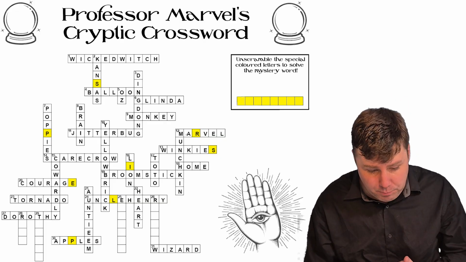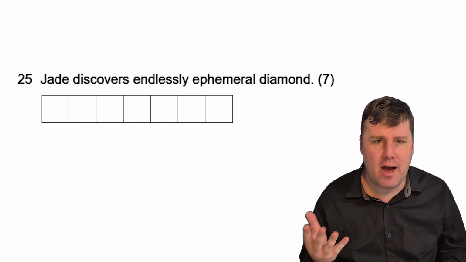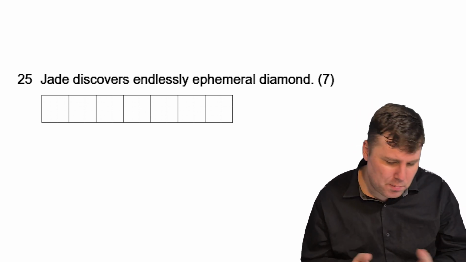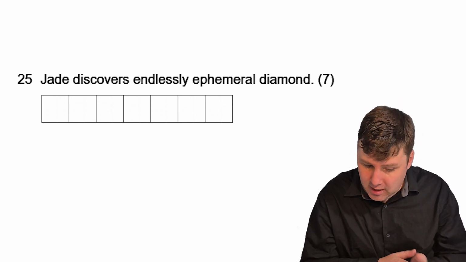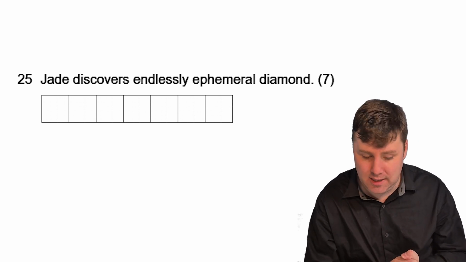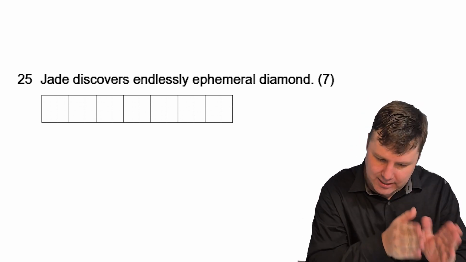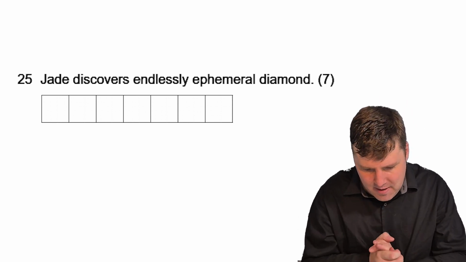25 down now. Jade discovers endlessly ephemeral diamond. 7 letters. Jade looks like a woman's name there. I was thinking of putting Beryl there as well. Both of those names have an association with the answer here. Now, what we just did in the previous clue was look at the letters inside and we discovered our answer there.